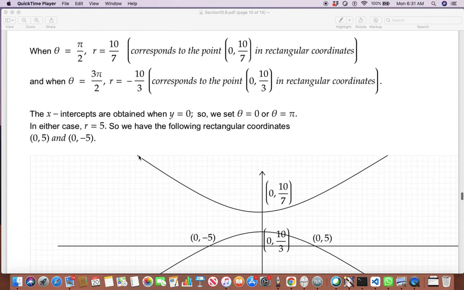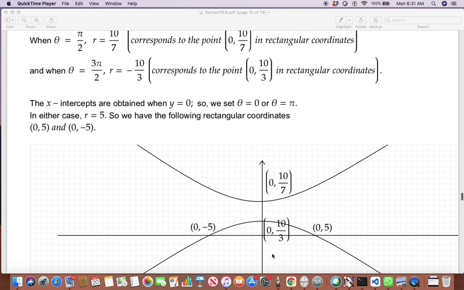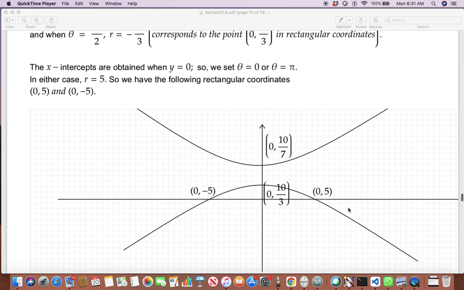So when angle is 3 pi over 2, you go back basically. So that's the picture you have. That's one y-intercept, which you obtain when theta is pi over 2. This one when theta is 3 pi over 2. So that's why you have gone back, negative distance.